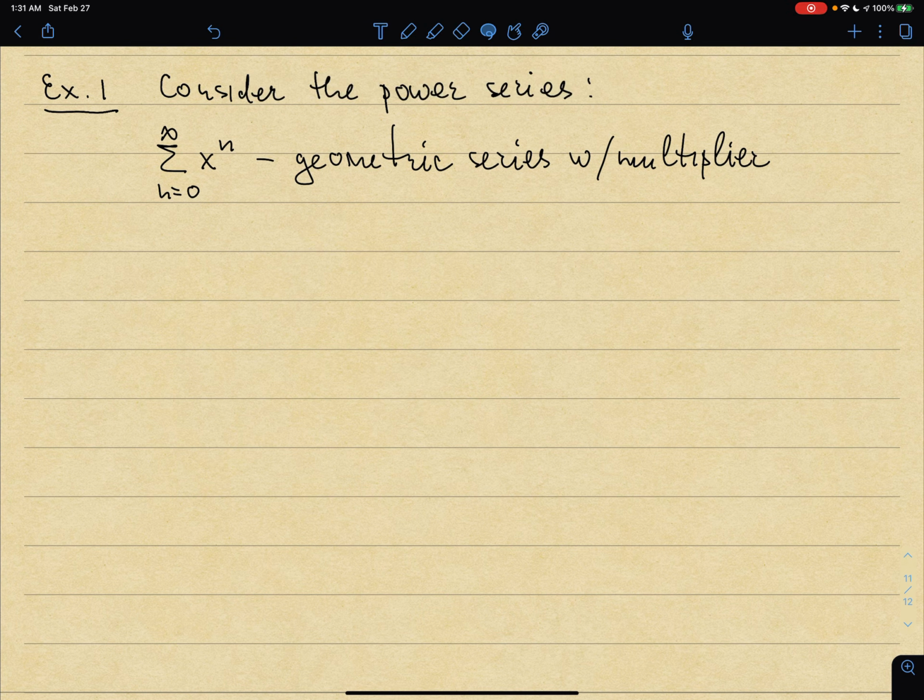That means each next term of the series is the previous term times x. And because it's a geometric series with multiplier x, it would converge as long as the multiplier in absolute value is less than 1. So this thing converges if the absolute value of x is less than 1, otherwise it diverges.